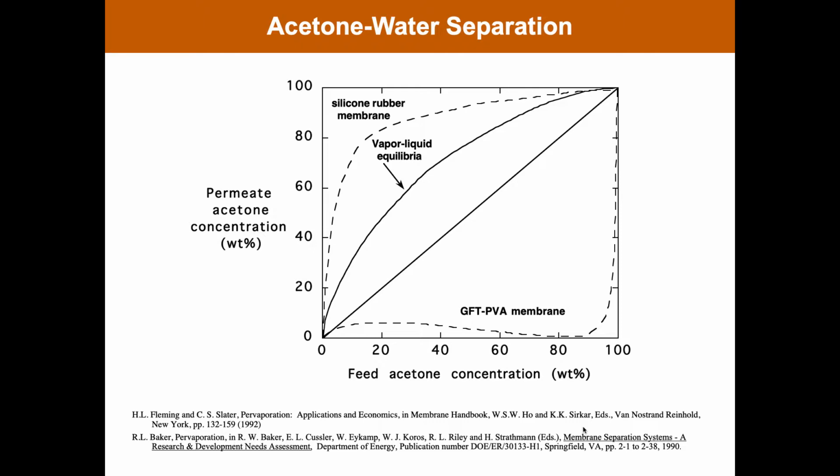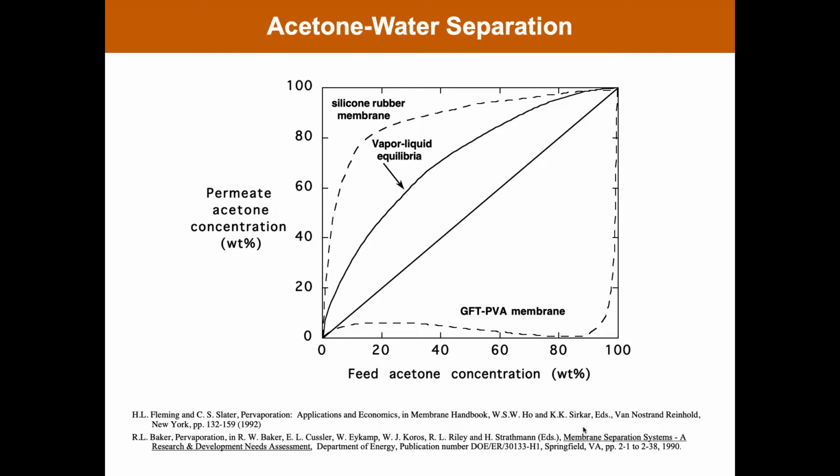If you do a pervaporation step with acetone, say at this concentration, and using a silicone rubber membrane that is selective to acetone but not water, you can increase the permeate acetone concentration remarkably. So pervaporation is coined from two words, permeation plus evaporation.